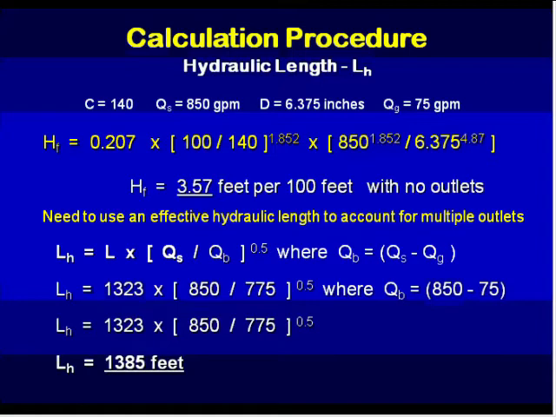In this case, Q sub B is 850 minus 75, or 775 gallons per minute. If we put those numbers into our equation, we find that the equivalent or effective hydraulic length of our system in terms of friction loss estimates is 1,385 feet long.